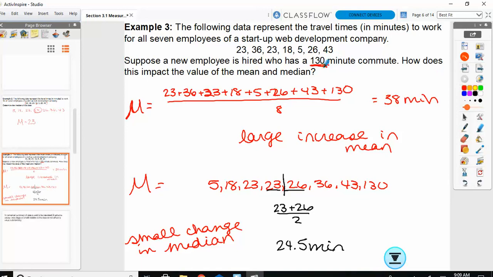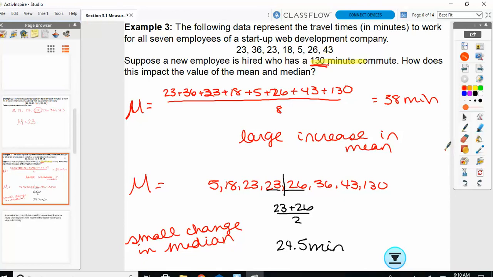And this all happened because of this one point. Why would that point make such a big difference? Right. All the others are somewhat close together, but 130 is huge in comparison. Before that, our biggest was 43. This is triple our biggest value.